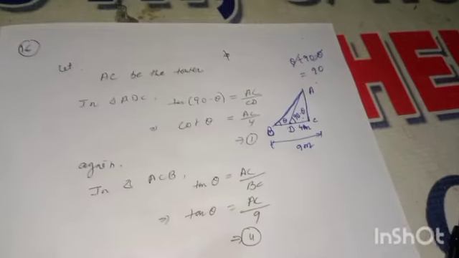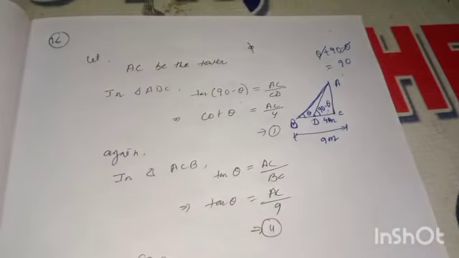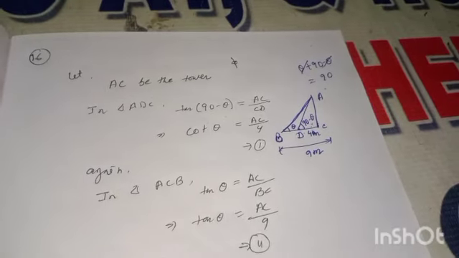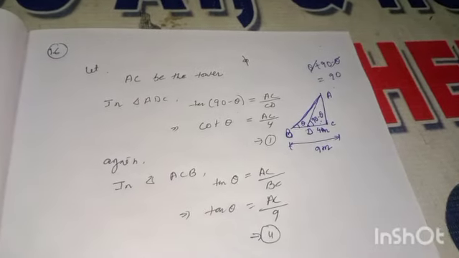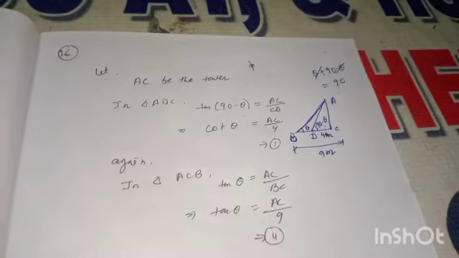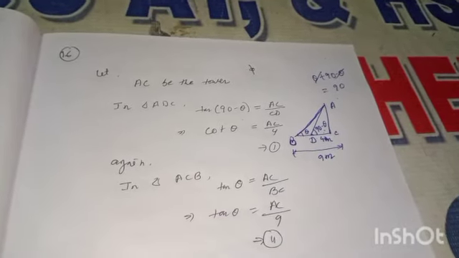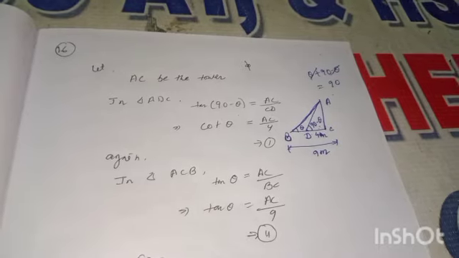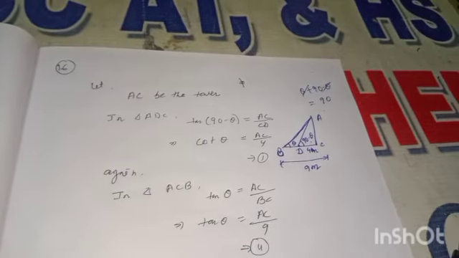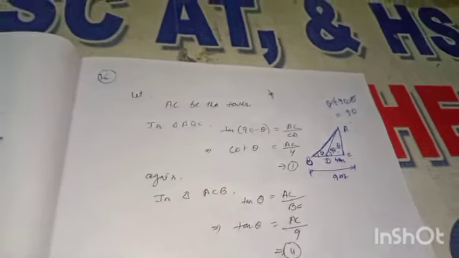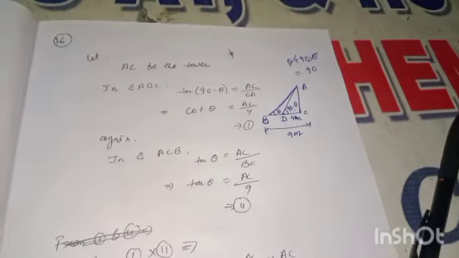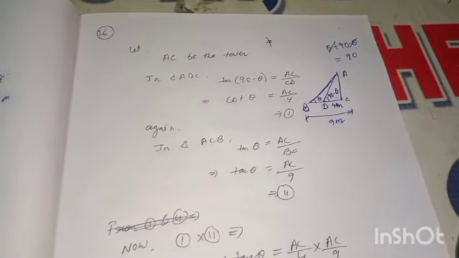In exercise 8.3 in chapter 8, that exercise is removed, but I have told you the formulas: sin 90 minus theta is equal to cos theta, cos 90 minus theta is equal to sin theta.